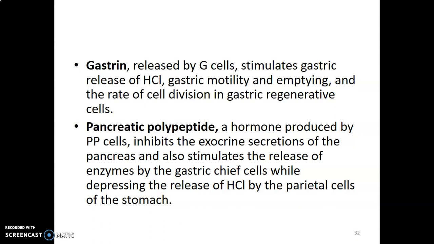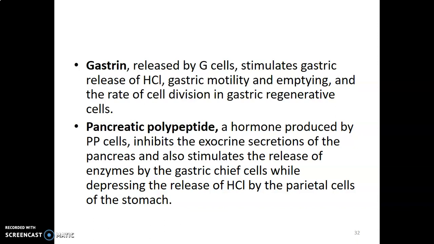These are the parietal cells, so the chief cells produce the protein enzymes. So pancreatic polypeptide is produced by the PP cells of the islets of Langerhans, and they inhibit the exocrine pancreas and also stimulate the release of enzymes by the chief cells in the stomach.